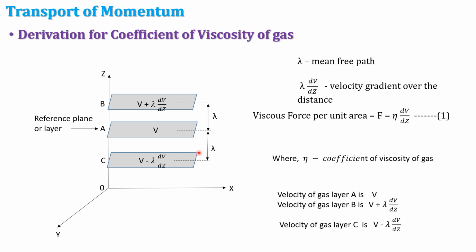Here, due to thermal agitation, all gas molecules are in random motion. Suppose we choose n number of molecules per unit volume of gas, and these gas molecules are moving along each of three axes.